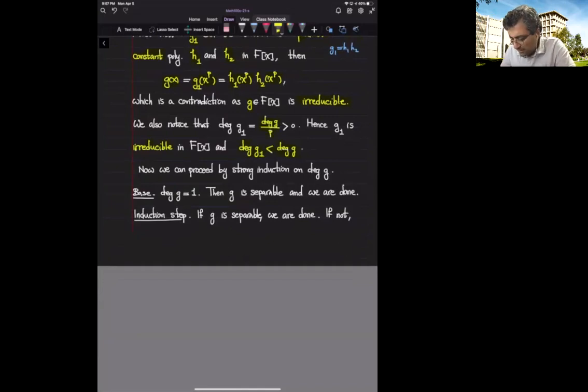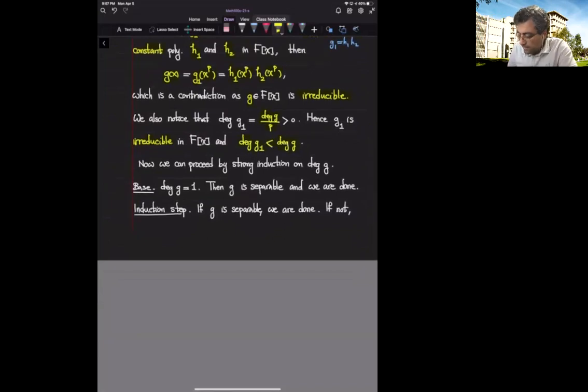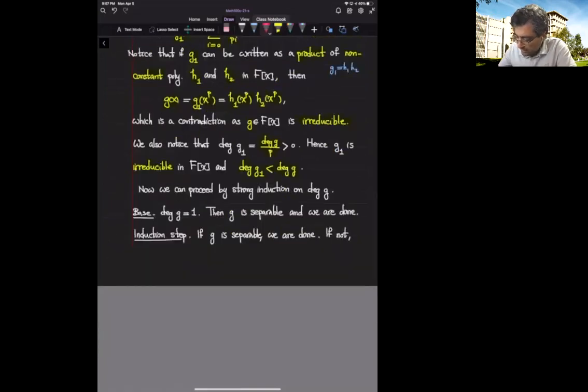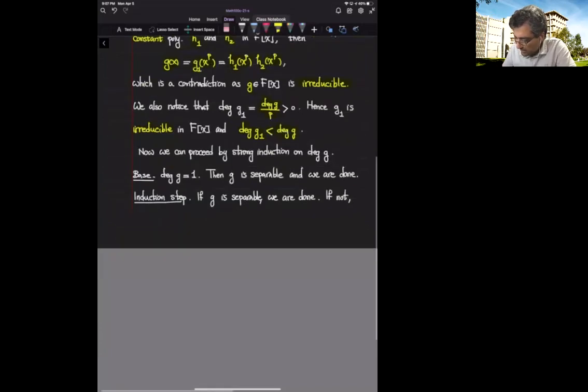We can end up getting this irreducible polynomial so that this equality holds, so that we get there exists this irreducible polynomial in F bracket x with smaller degree, and g of x is g1 of x to the p.